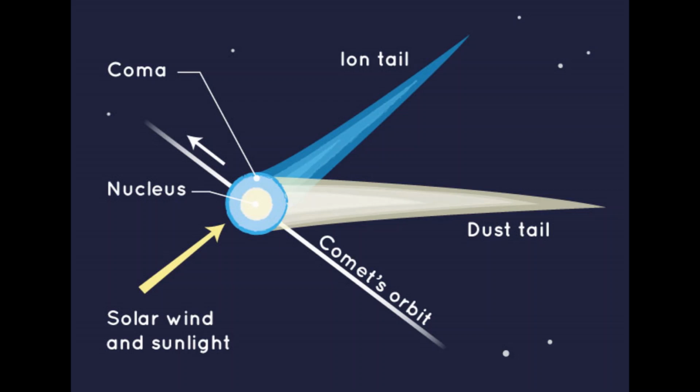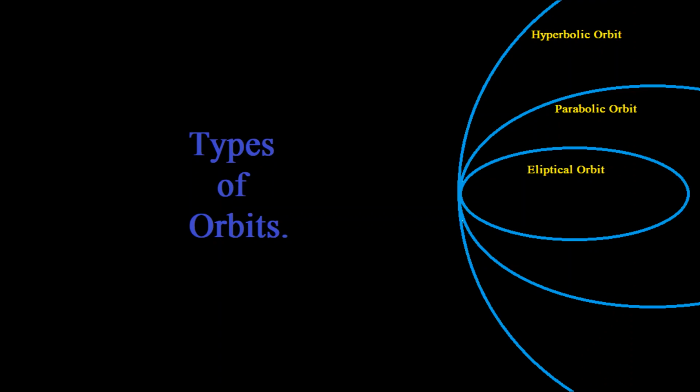All these details that we talked about can be seen in this diagram. Comets usually have an elliptical orbit, but some comets have parabolic or hyperbolic orbits.